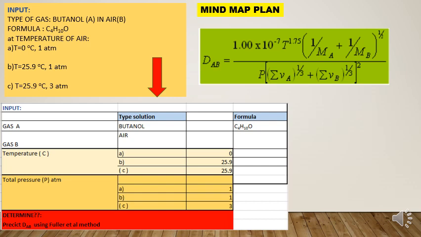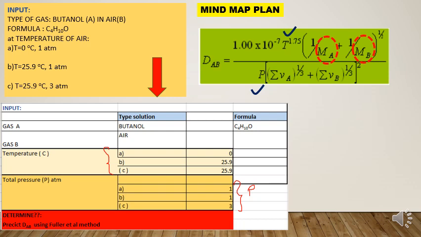Let's start with the T. Yes, we do have the T value at these three conditions. And P, we have the P value here. For MA, the molecular weight of butanol, you can calculate it by using the periodic table.